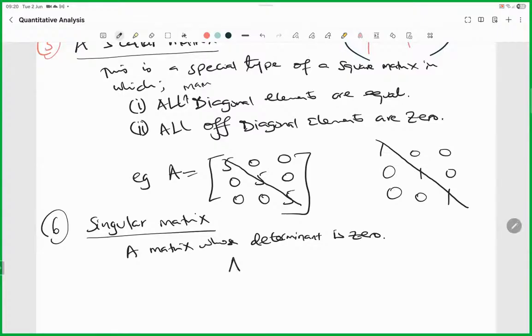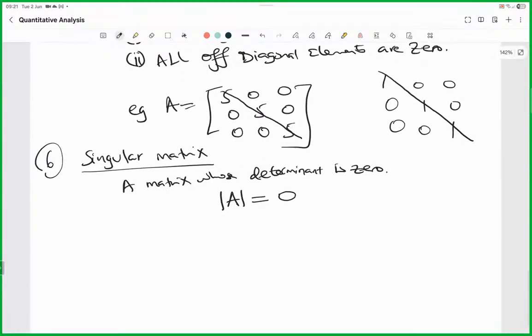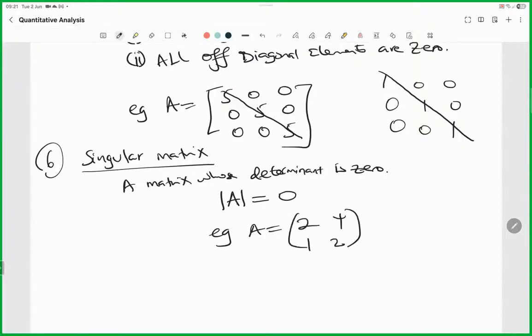We shall be writing the determinant like this. For example, for you to understand very well, ladies and gentlemen, if matrix A is 2, 4, 1, 2, kindly determine its determinant. To get the determinant, we normally take PPD minus PSD.